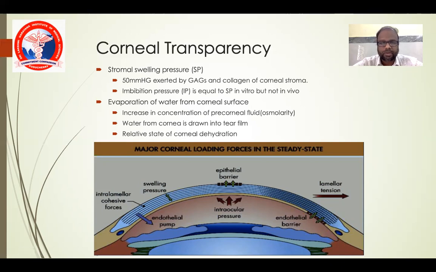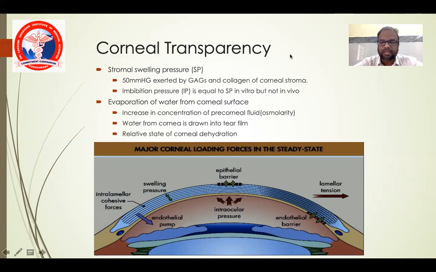Okay. So next, evaporation of water from the corneal surface. There is a constant loss of tear from the corneal surface, which increases the concentration, or the osmolarity, of the precorneal tear fluid. That is, the tear film becomes more concentrated than the water within the cornea.